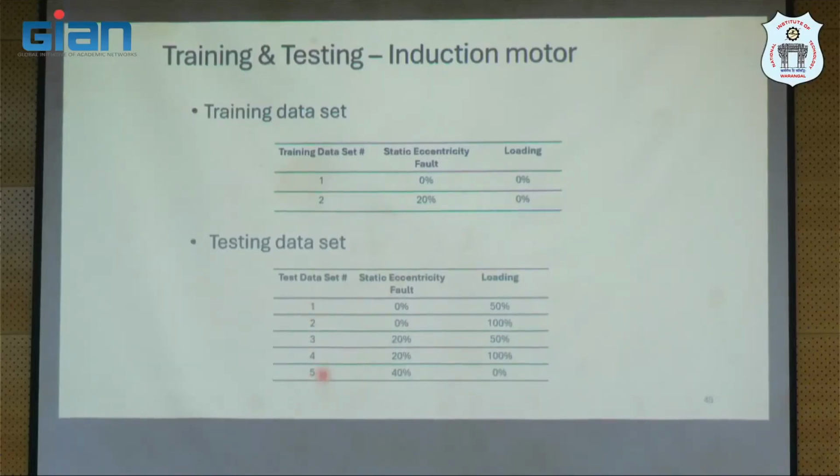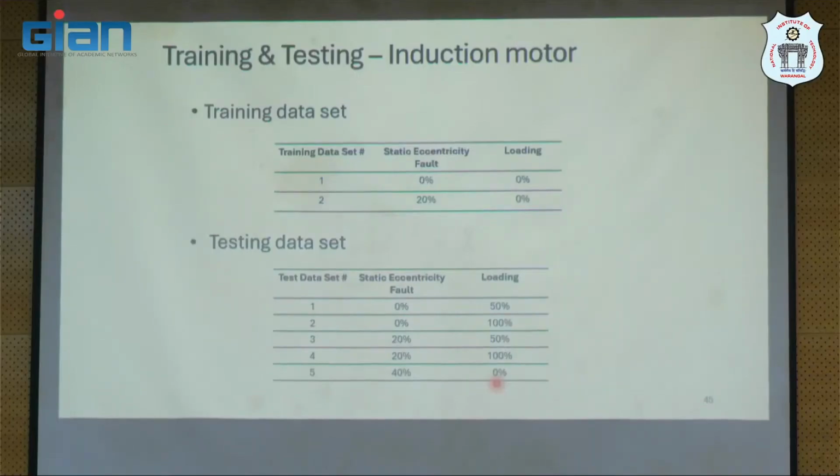I alpha, I beta were extracted from line currents corresponding to healthy condition at 50% of full load, healthy condition at full load, 100% of full load, 20% static eccentricity at 50% of full load, 20% static eccentricity at 100% of full load, and 40% static eccentricity at 0% load, that means no load. So these are the 5 data sets I use for testing.